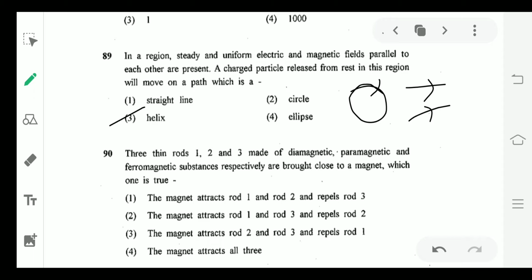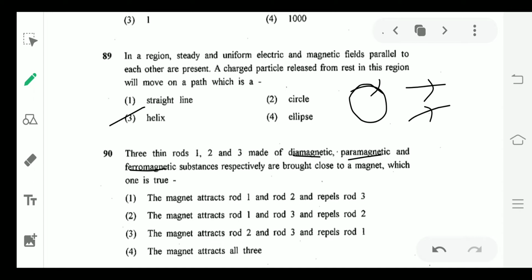Next question is, three thin rods 1, 2 and 3 made of diamagnetic, paramagnetic and ferromagnetic substances respectively are brought close to a magnet. Which one is true? Since we all know that diamagnetic substances are weakly repelled in a magnetic field, paramagnetic substances are weakly attracted towards the magnetic field, and ferromagnetic substances are strongly attracted.